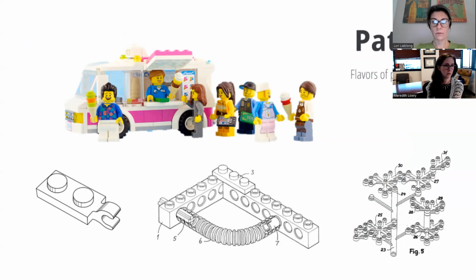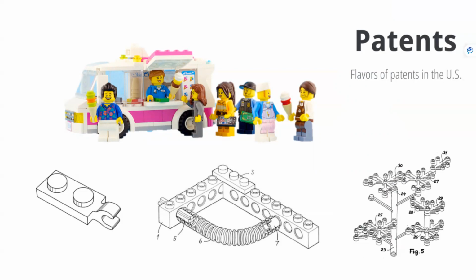When we look at patents, there are 3 types. We have plant patents, represented by this lovely fake Lego plant. Plant patents are actually for real plants that are asexually reproducing, or seeds that have been genetically modified in some manner.